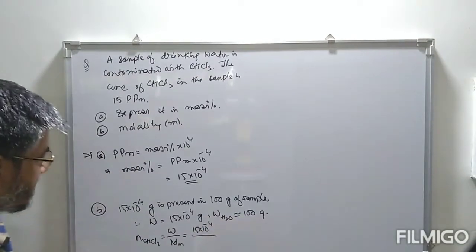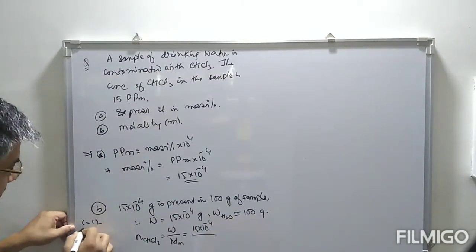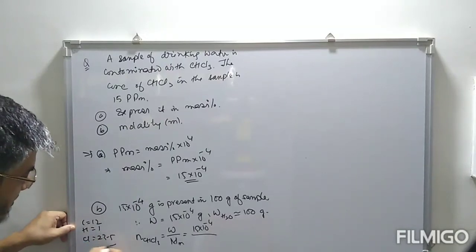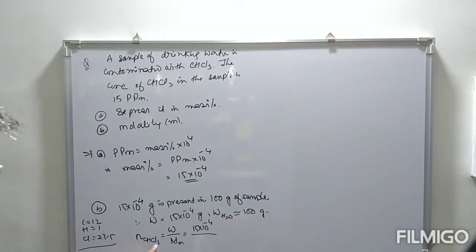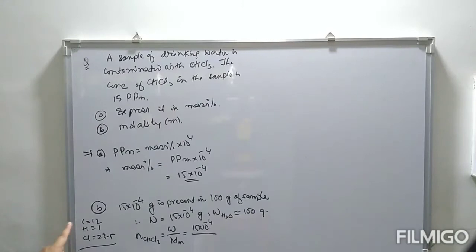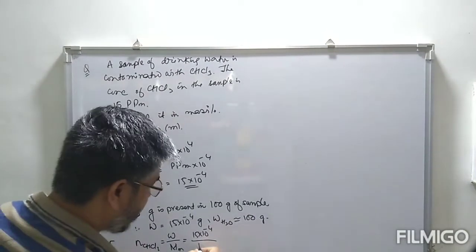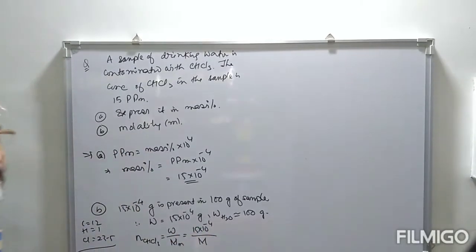You can find the molar mass: carbon is 12, hydrogen is 1, chlorine is 35.5. So we have 3 chlorine, 1 hydrogen, 1 carbon. The summation of these atomic masses gives you the molecular mass, that is M.